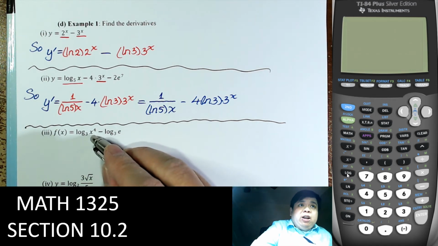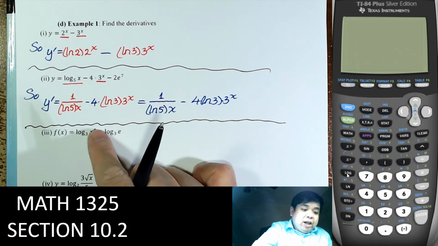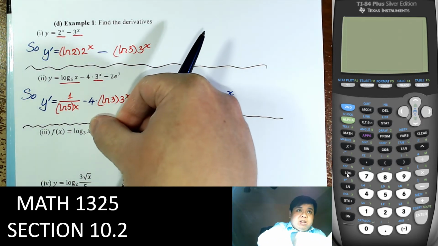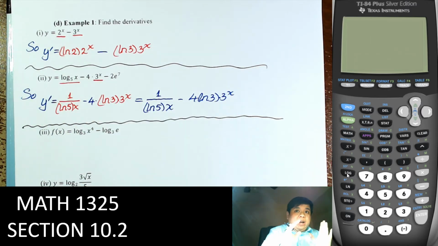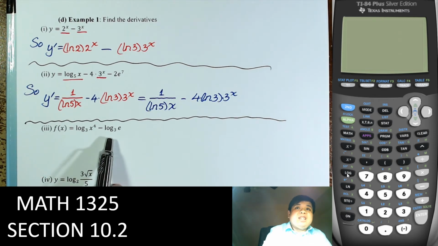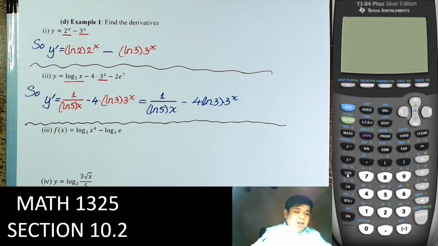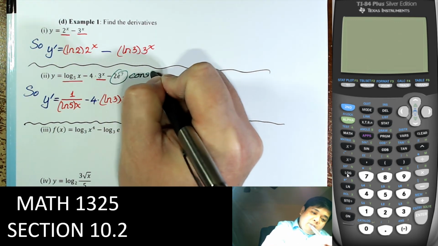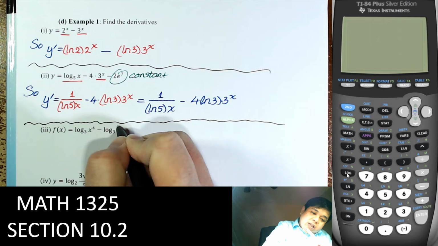Alright, now we have the derivative of a log of any base of x. This is something else, so we have to take care of the 4 from the exponent first, and we can only take the derivative of the log of x, right? This term though, no x in it, so once again it's just a constant. So I write a little note here. This is constant. Derivative of a constant is equal to 0. Same thing here.